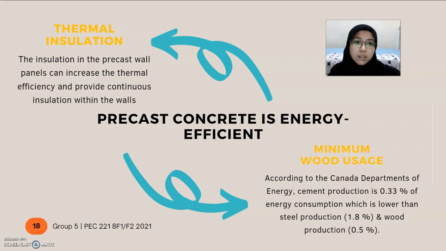It also means that the construction will use minimum wood usage, and according to the Canada Department of Energy, cement production is 0.33% of energy consumption, which is lower than steel production and wood production, and we need this in our construction sector in order to reduce the carbon dioxide emissions and also to reduce the global warming.